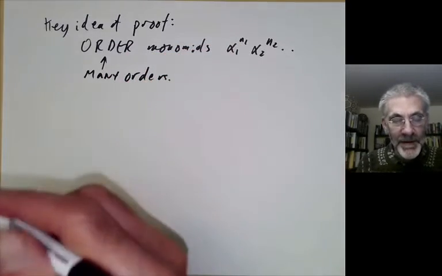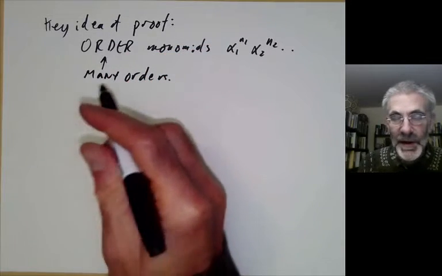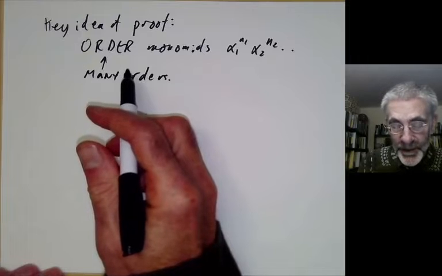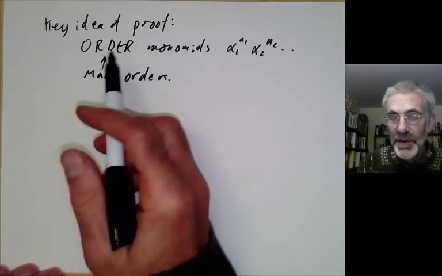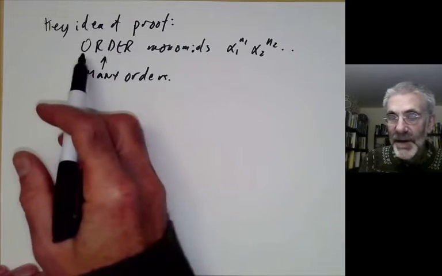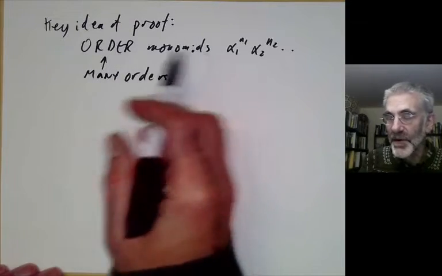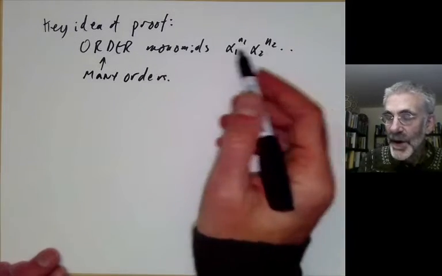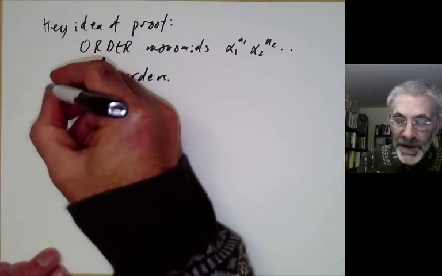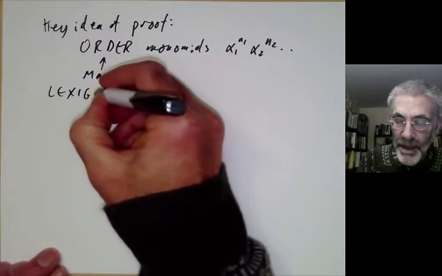So there's a theory of Gröbner bases, which is widely used in computer calculations with polynomials. And people working on Gröbner bases spend a fair amount of time inventing different orders on the monomials in order to make algorithms more efficient. Anyway, we're going to use the simplest one. We're just going to use the lexicographic order.